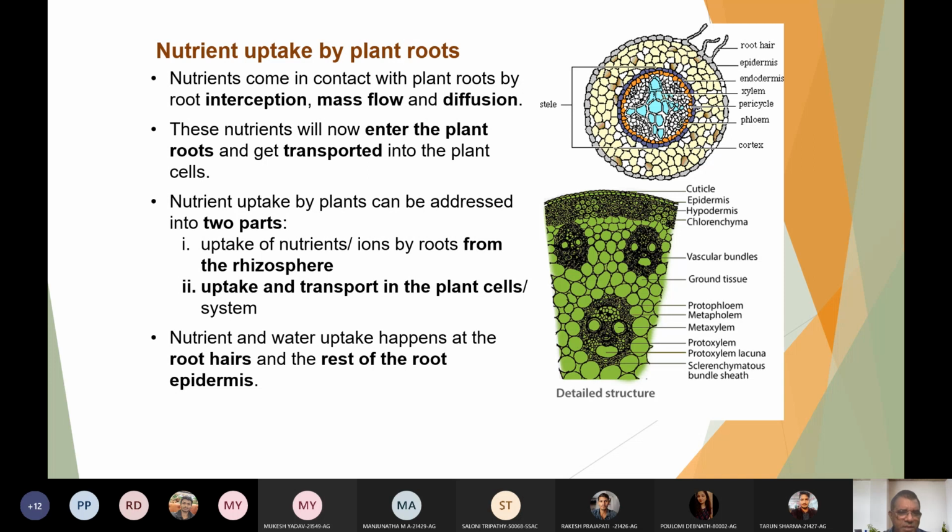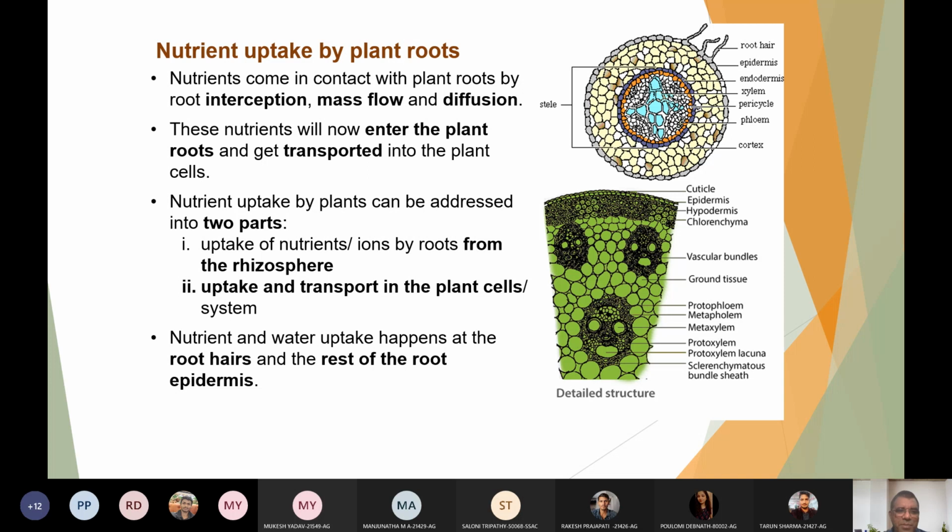You can see in this picture, the lower picture, the detailed structure. This is the radial structure, or cross section, of the root. The cuticle is outside, the first layer, then epidermis, then hypodermis, then chlorenchyma, vascular bundles, and ground tissue, cortex, etc. In the central part you also see xylem, which is metaxylem, protoxylem, whatever it is.